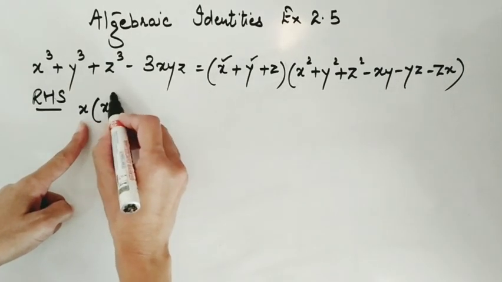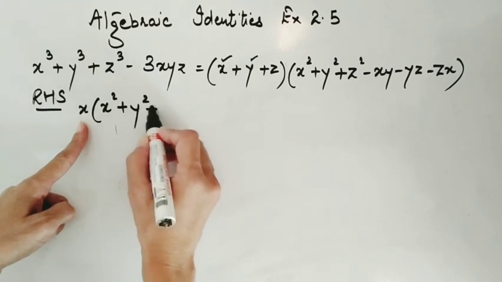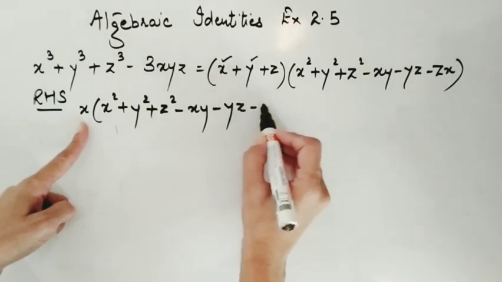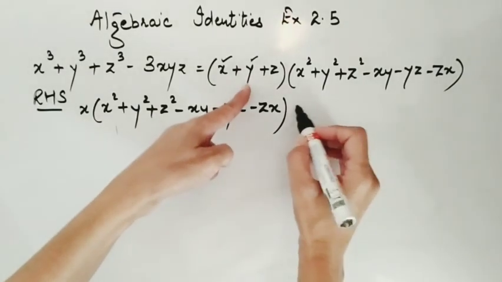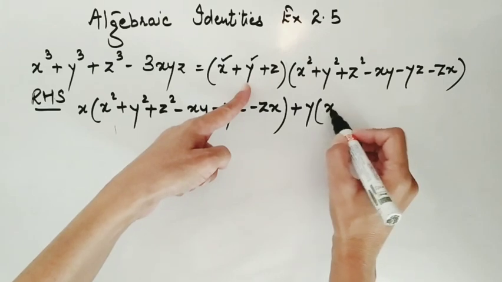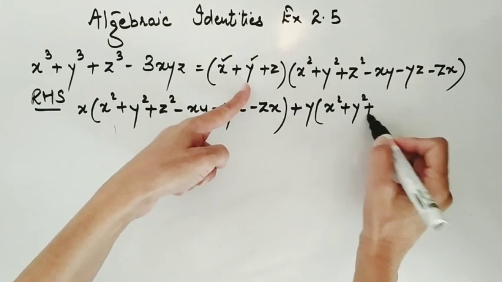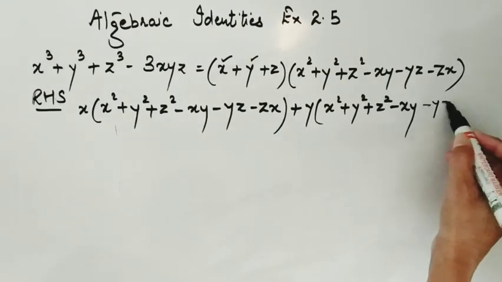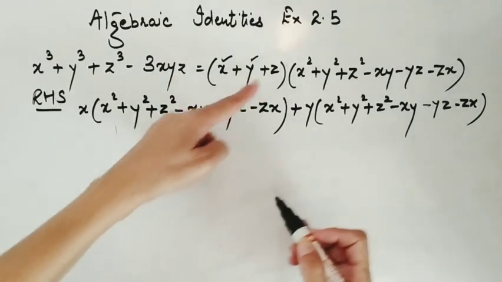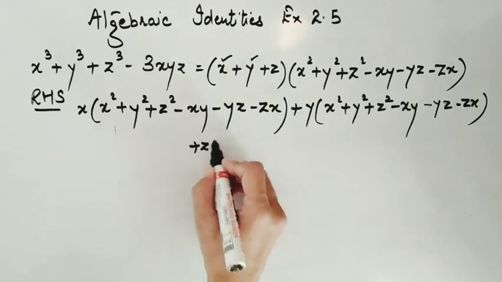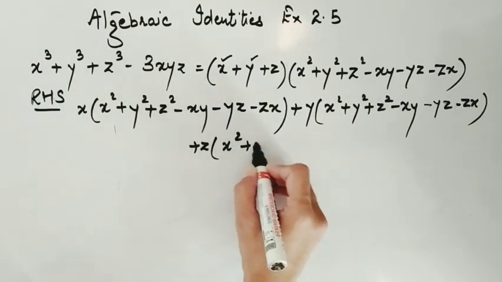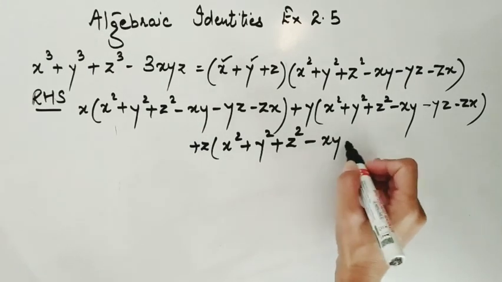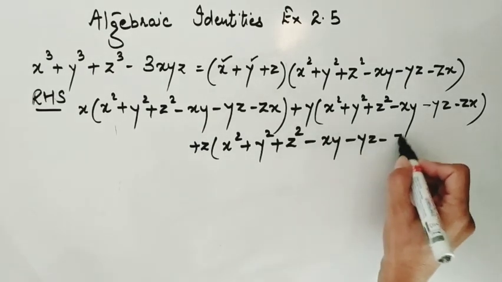X multiplied by x square plus y square plus z square minus xy minus yz minus zx. Then y would be multiplied by the same terms. And finally comes z, which would also be multiplied by all those 6 terms which are listed here.